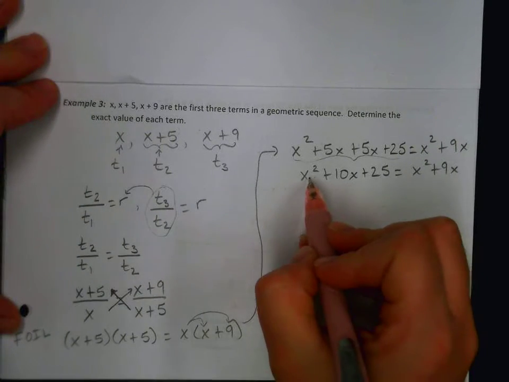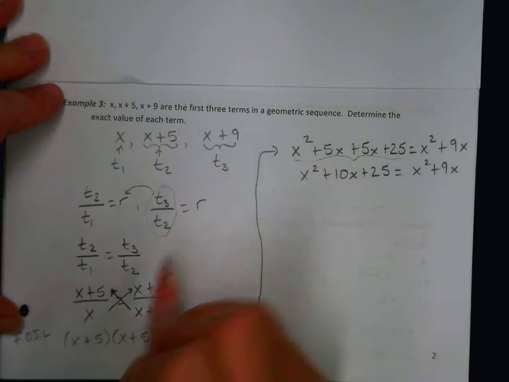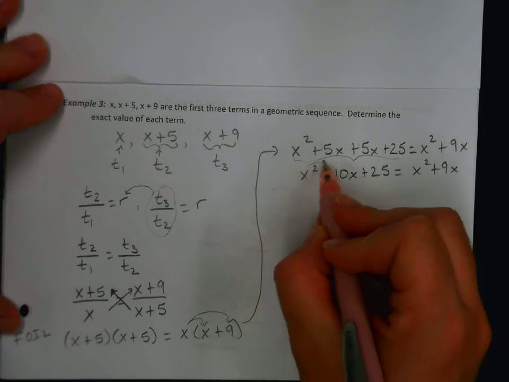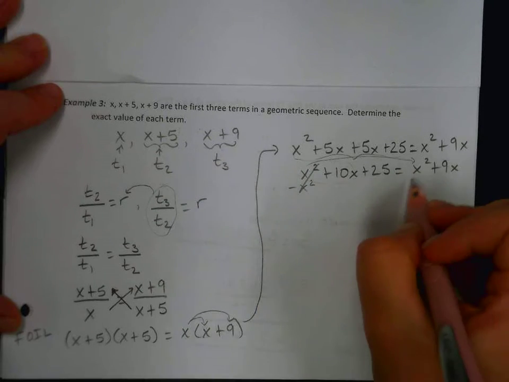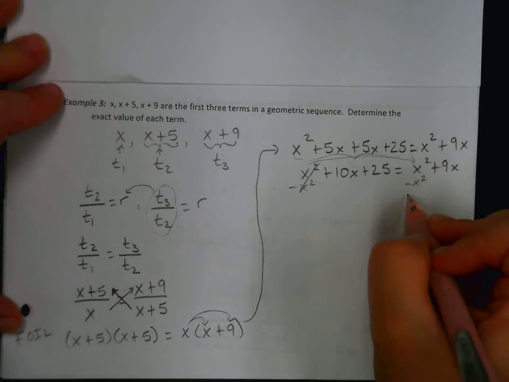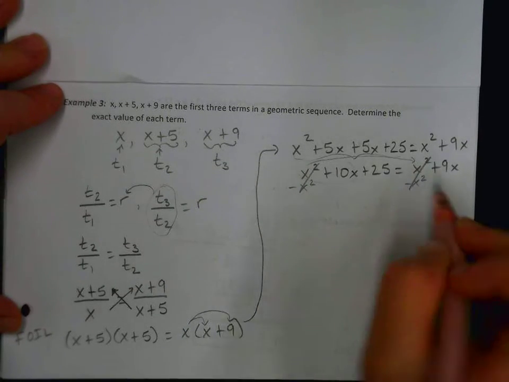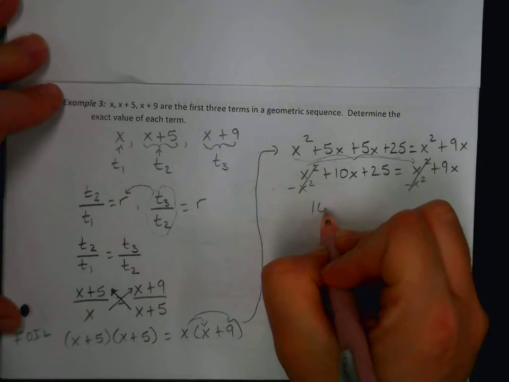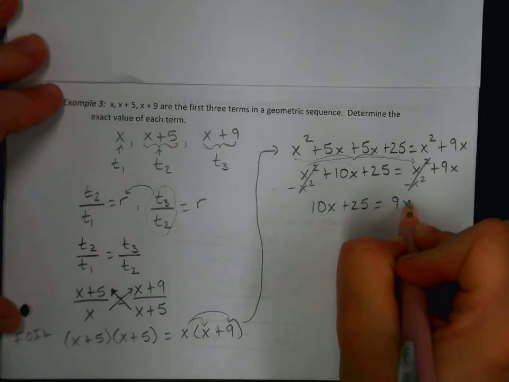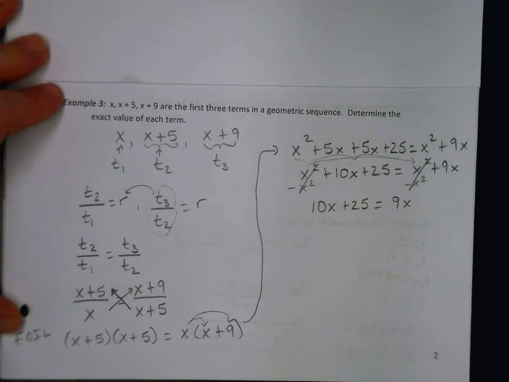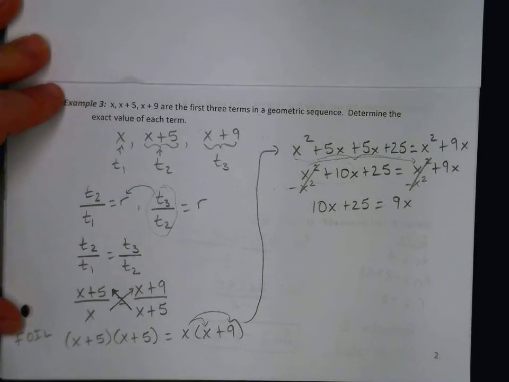Okay, so let's suppose we move these to this side. If I want to move this x squared over here, I'm going to subtract an x squared from both sides. So those are going to cancel. But look what also happens over here. This x squared is also going to cancel. So those basically disappear. They cancel each other out. So now what I'm left with is just 10x plus 25 equals 9x.